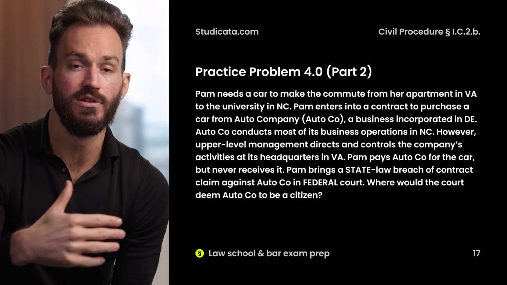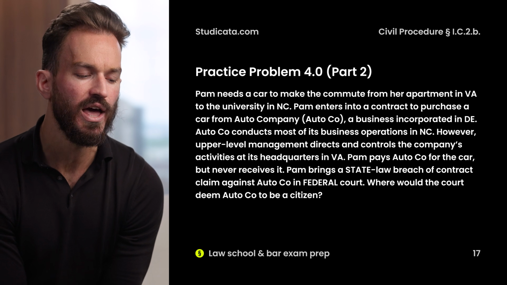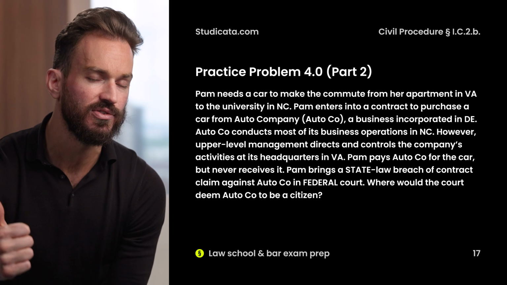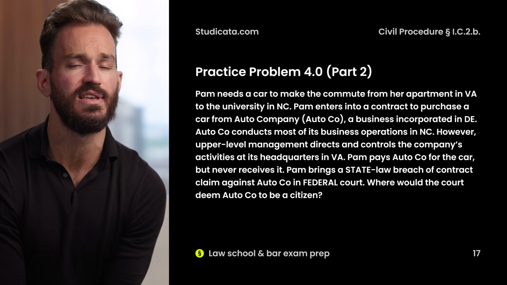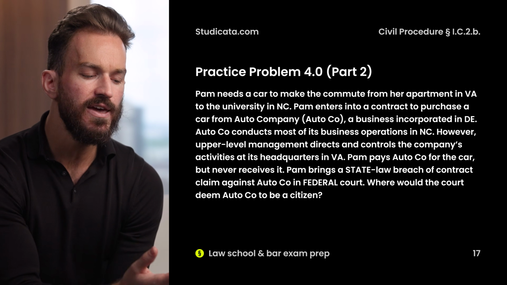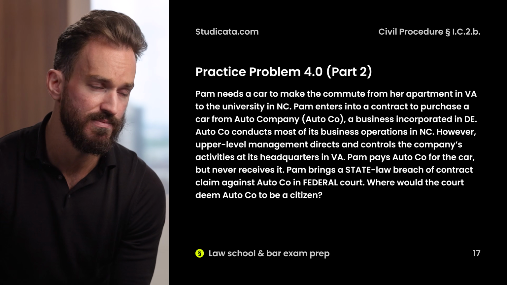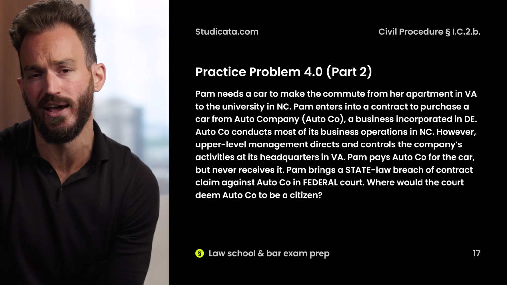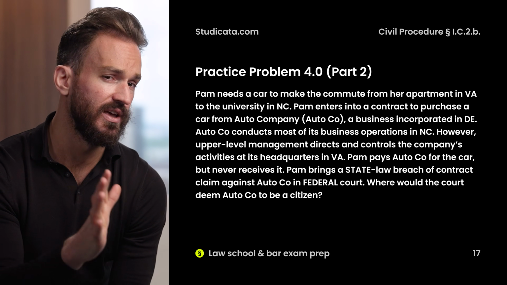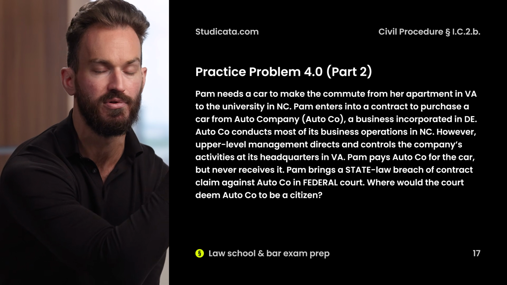Basically, we apply the nerve center test. Remember, DCC. Where does the company have its headquarters where upper level management directs, controls, and coordinates the activities of the business? We see here that is in Virginia. Even though Auto Company conducts most of its business operations in North Carolina, maybe it's got all of its dealerships, its sales pipelines, all happening in North Carolina. All of the revenue is being generated in North Carolina, all the operations could be there.